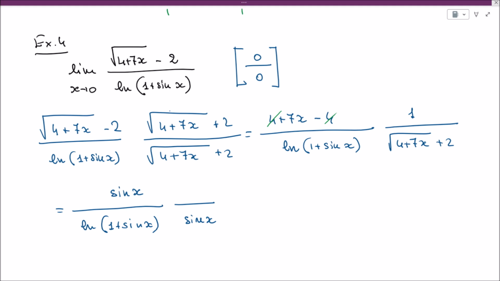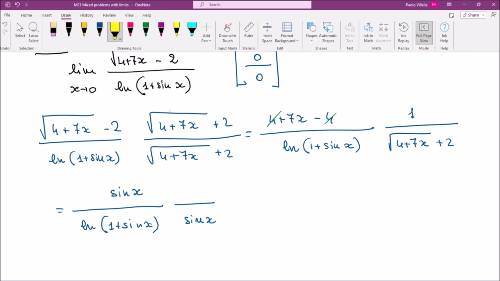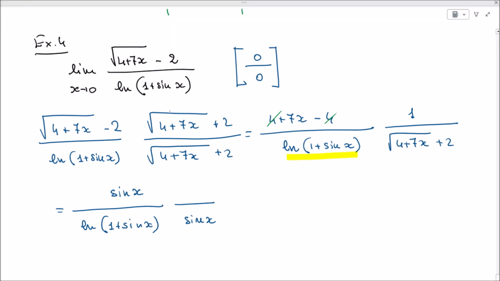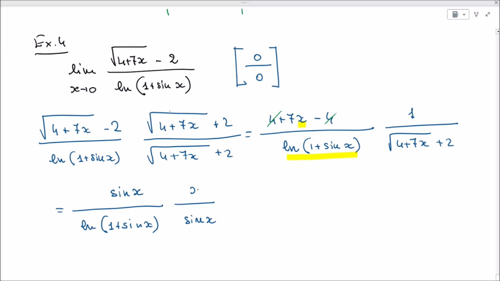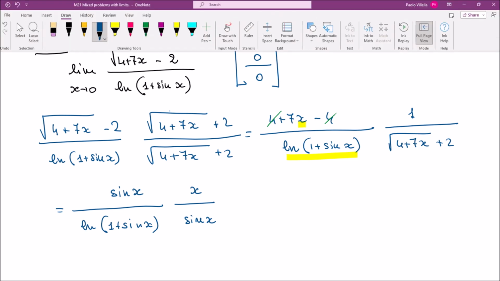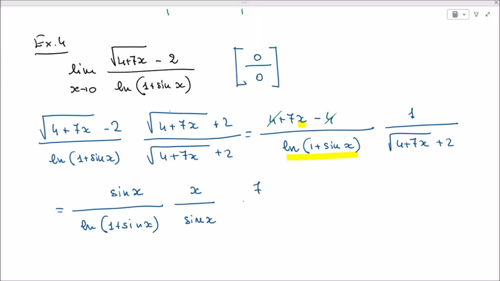So this way we have just considered this first element. Okay, but now we have also this element x here, and we can rewrite this x in this position. And then we have the fraction which is 7 divided by what? The square root of 4 plus 7x plus 2.